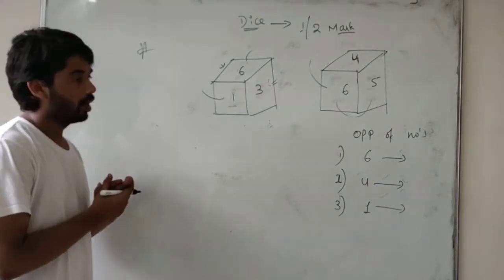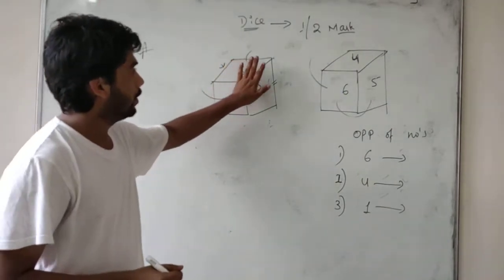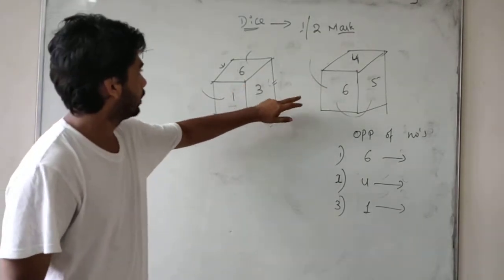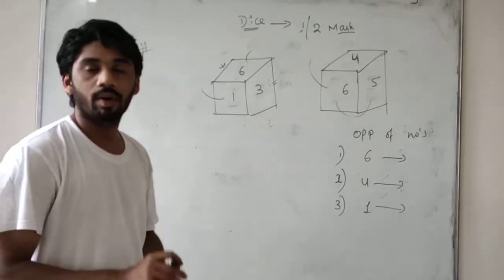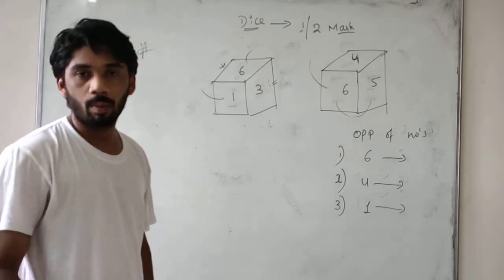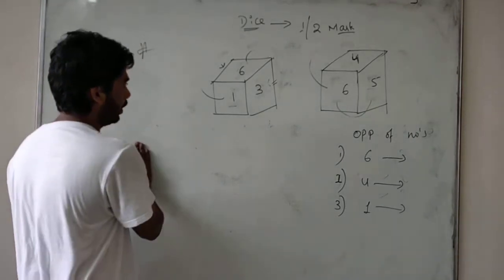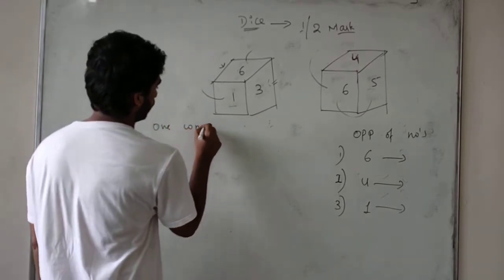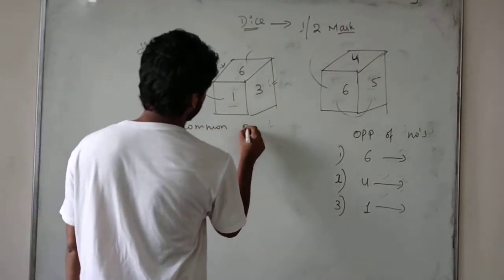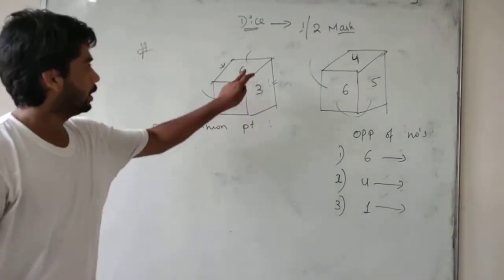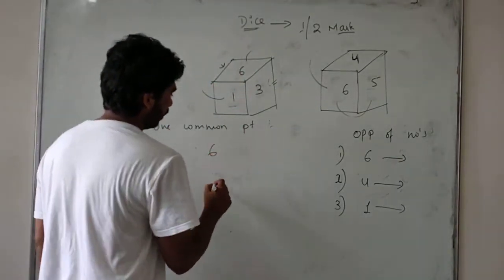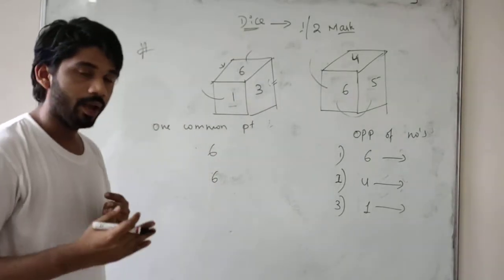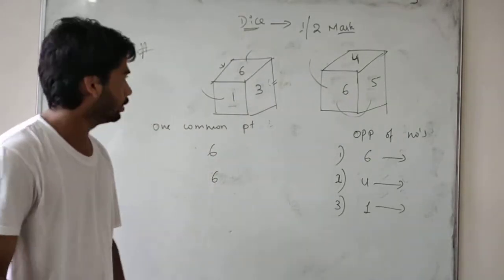So first we have to find which type of question this one is. We know that 6 is there, and 3. It is one common point. So what is that common point? It is 6. Here also 6 is there. So next step, we have to go in the clockwise direction.